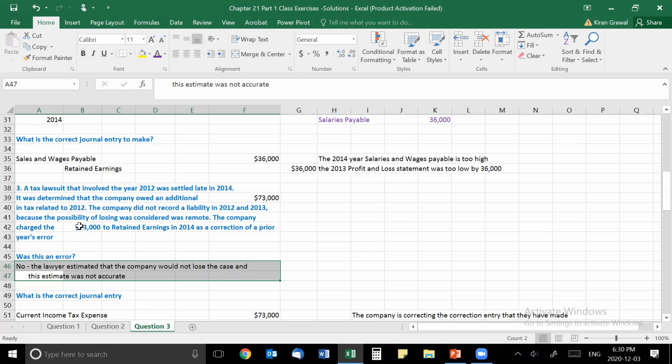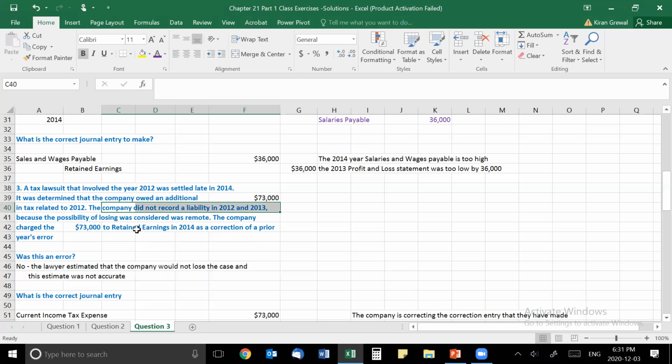So when they lost the lawsuit, they took $73,000 and charged it to retained earnings. So they would have debited retained earnings, and they called it a correction of a prior period error. But it wasn't a correction of a prior period error because they did not actually have to record a liability in 2012 or 2013. So we have to reverse basically what they did.